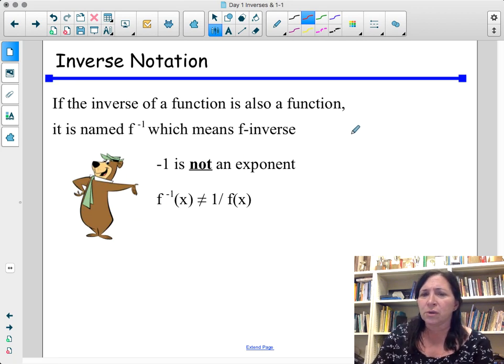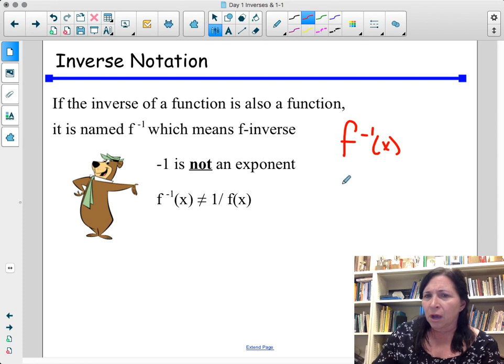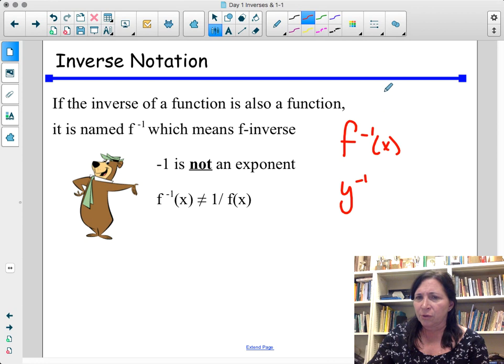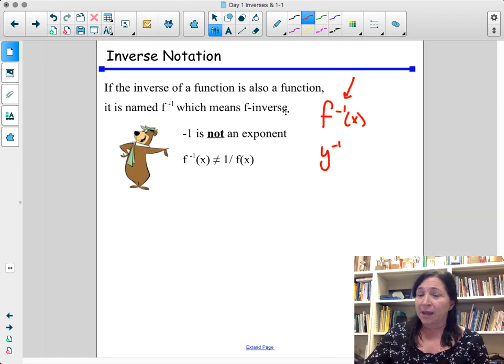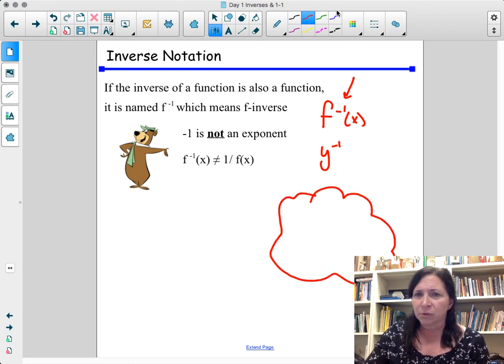Something to remember, and because we're going to be talking about inverses a lot, that says f inverse. You can also write y inverse, but this says f inverse, and you notice that this negative sign here is not an exponent. I know from algebra, a lot of people learned this.